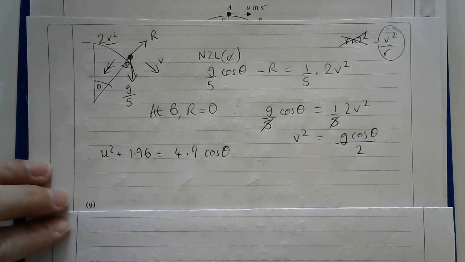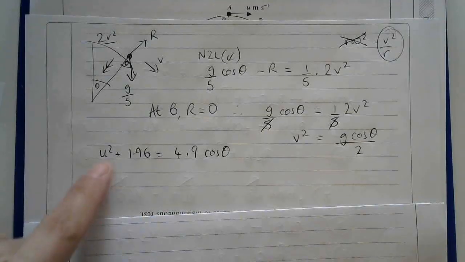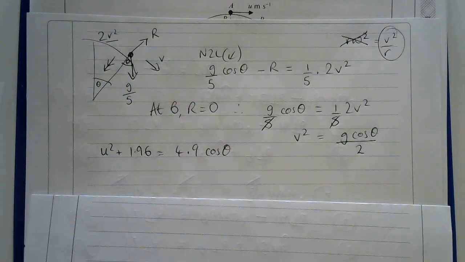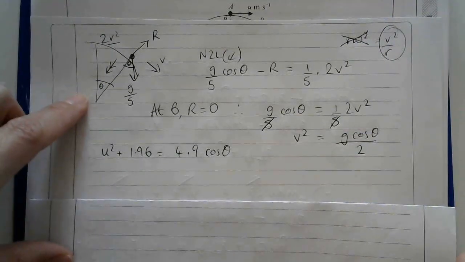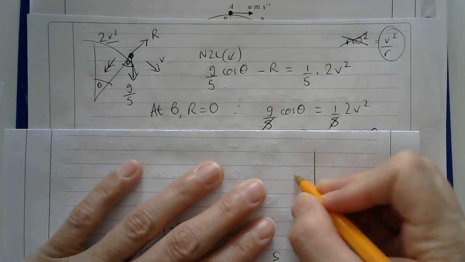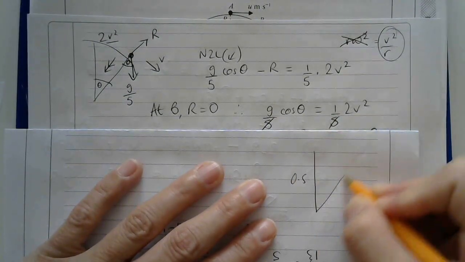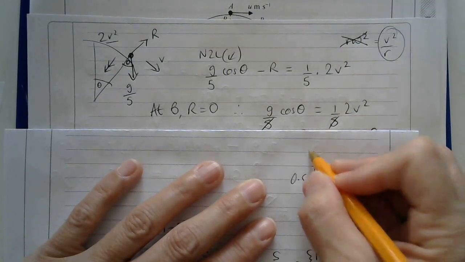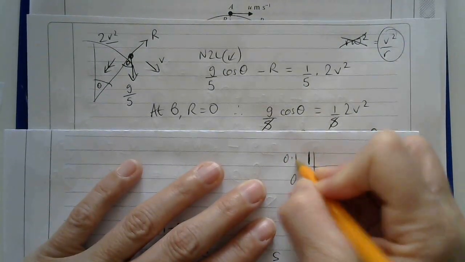So in order to calculate what u squared is, then I need theta. So they must have given me enough information somehow. So what did they tell me about the length? They told me that is 0.5. This is theta here, and then they told me this distance here is 0.1.